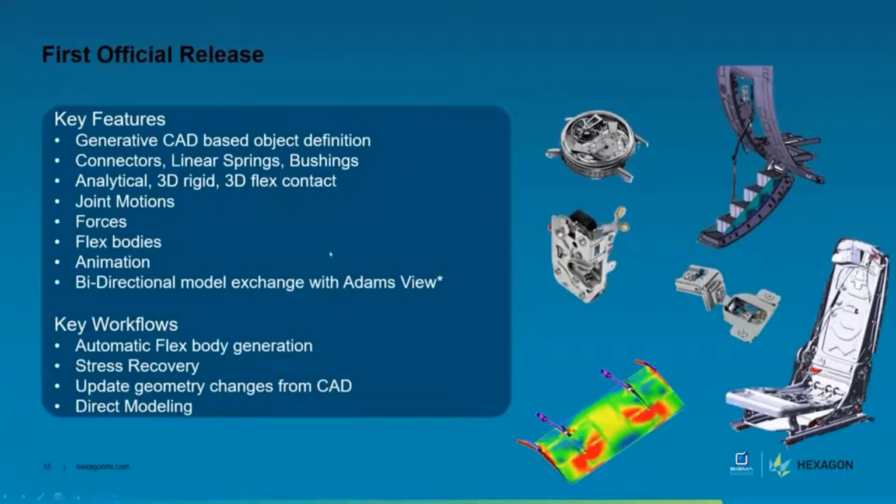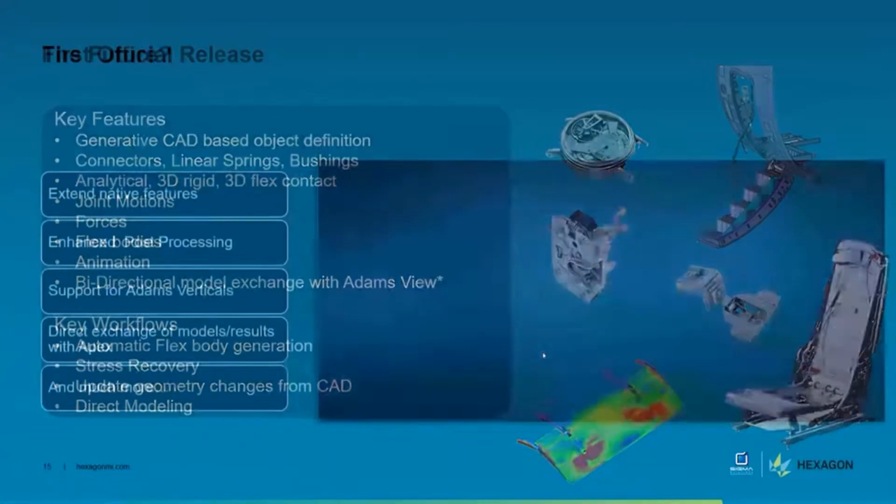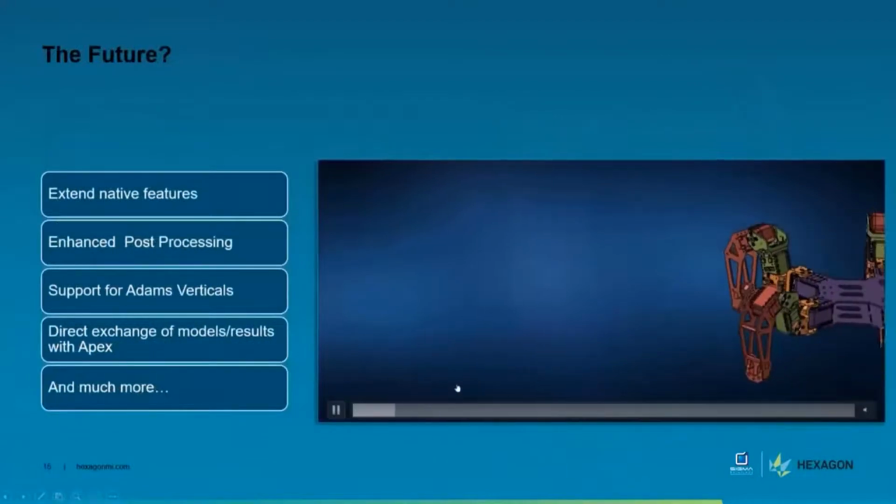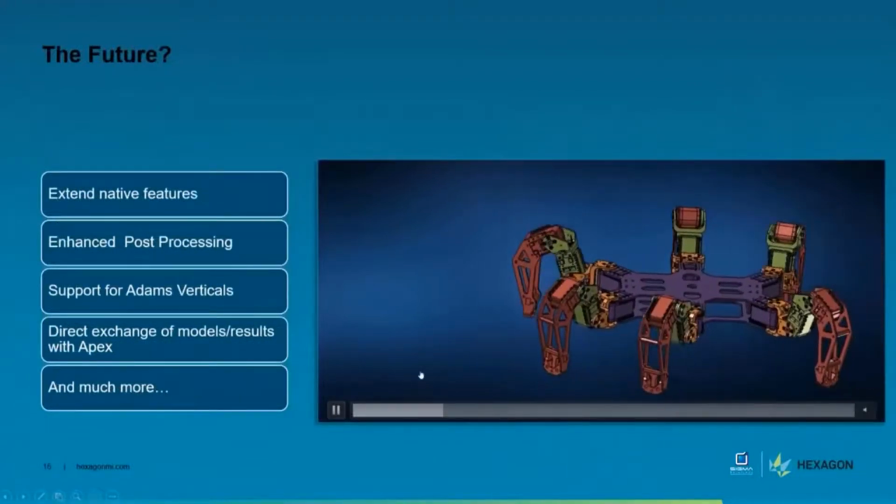Stress recovery and direct modeling, all these capabilities are available. And down the line, for car users, our team is already working on it, but the current release is mostly for people who are working on mechanisms. So for them, it's more useful as of now, I would say.